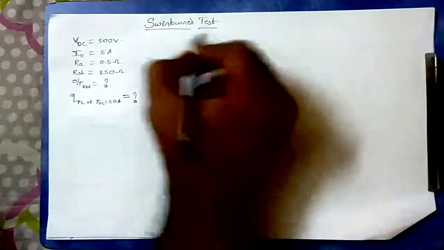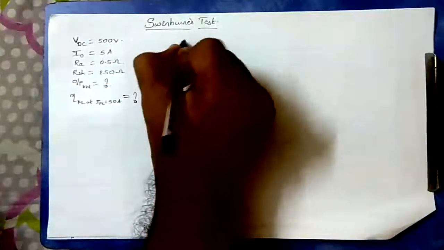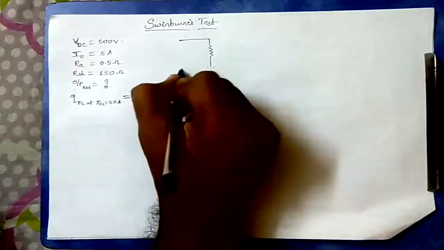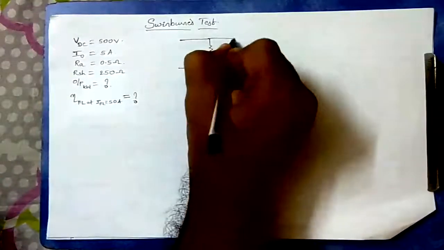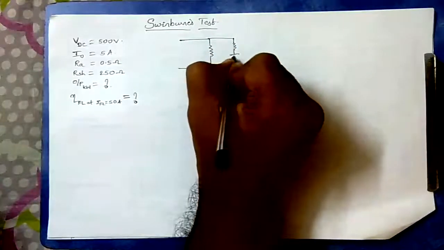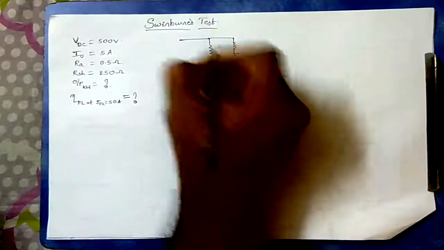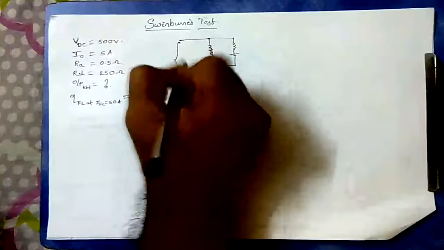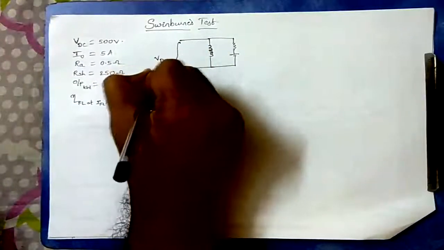So first we shall draw a shunt motor basic diagram. VDC equal to 500 volt.